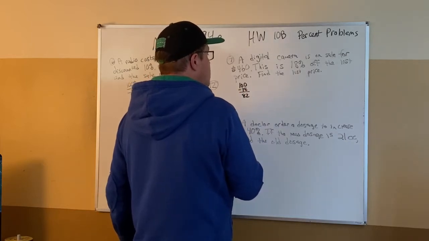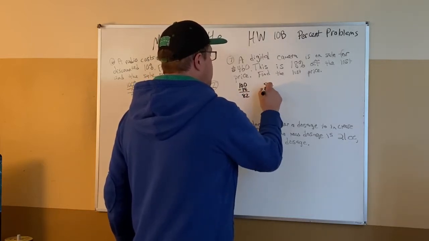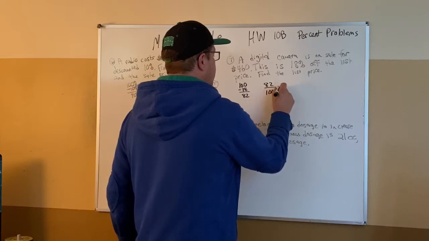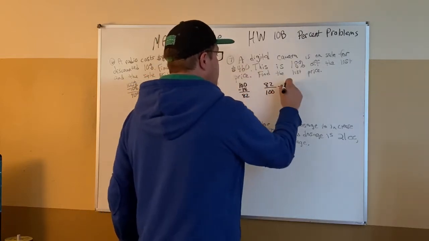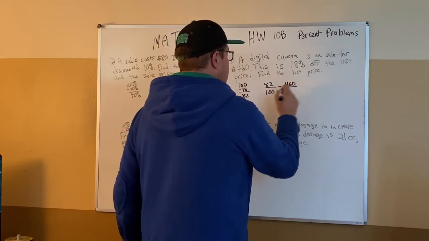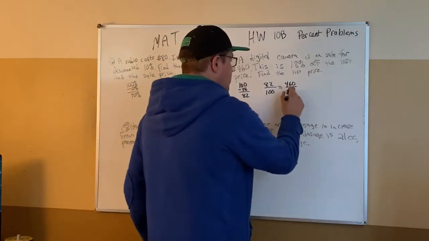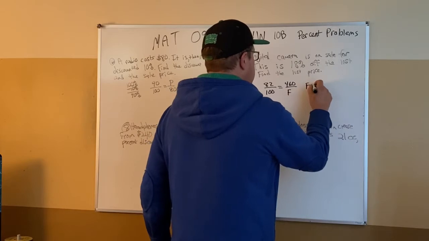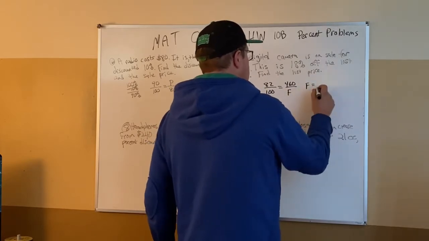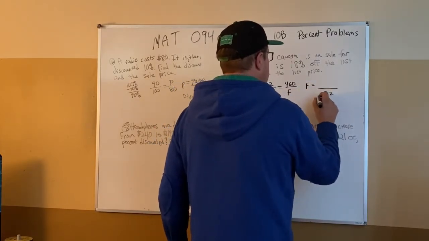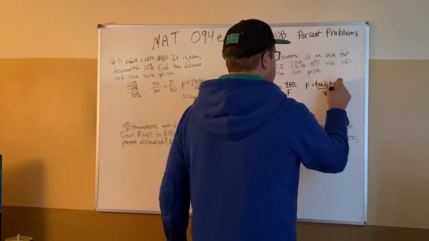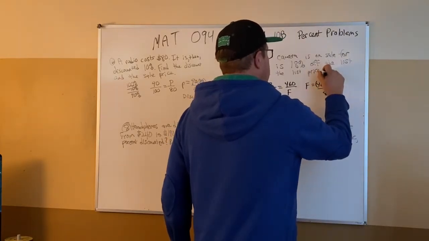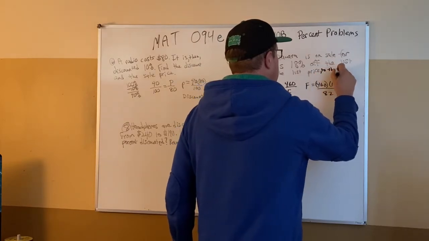And therefore now we have 82% of the full price. And we don't know the full price, but we know 460 is the discounted price that's going on now. So now the full price is equal to, we're going to divide by 82. So we'll take the 460 and the 100. Divide by 82. This says to the nearest cent.